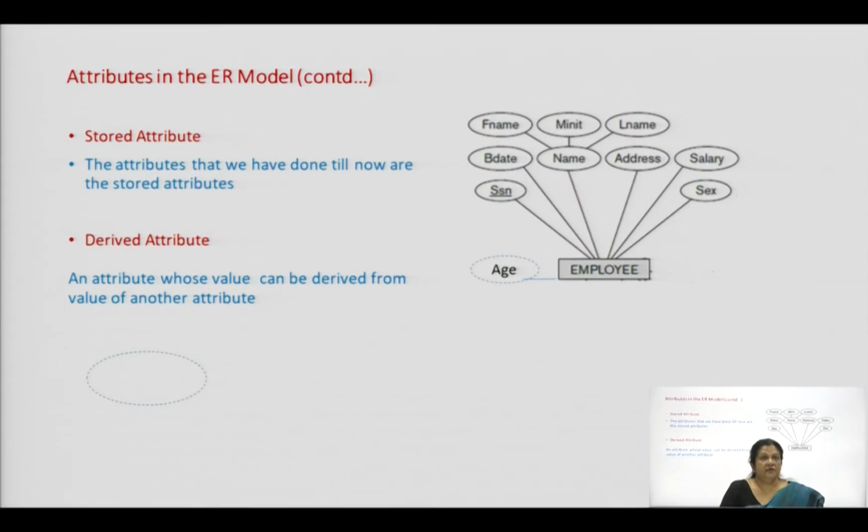Then we have the stored and the derived attributes. The attributes that we have done till now, they are the stored attributes. Like we said, SSN, okay? For employee, SSN is an attribute and it has some value that will be stored in the database. Similarly, let's have salary, it will have some value that will be stored in the database.